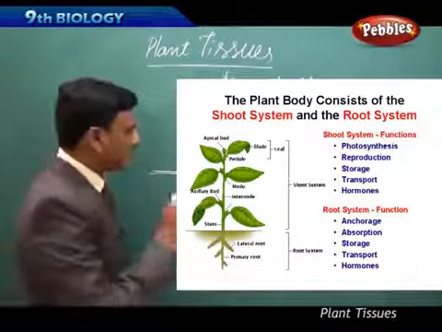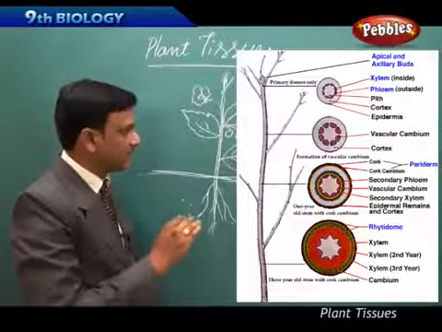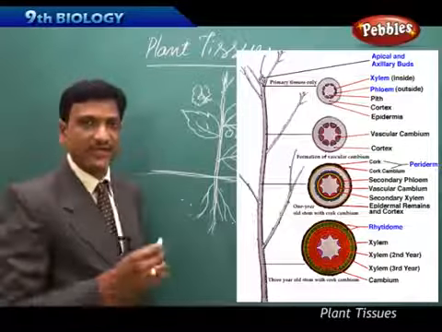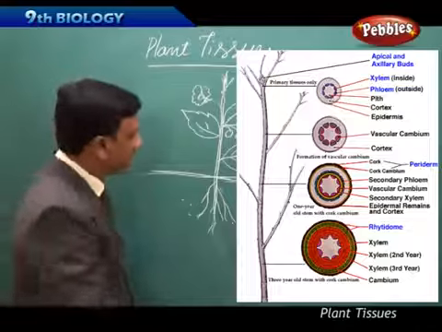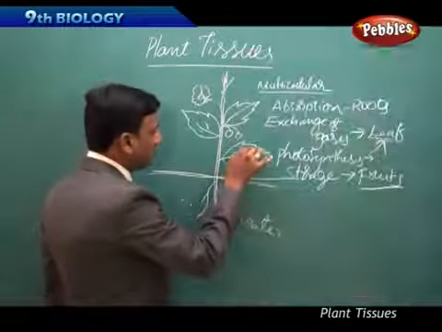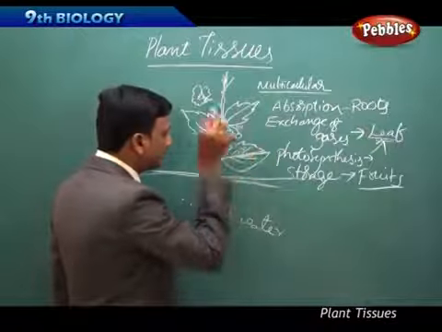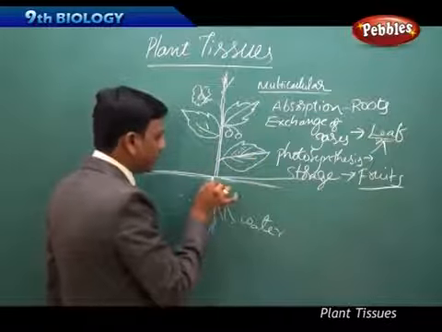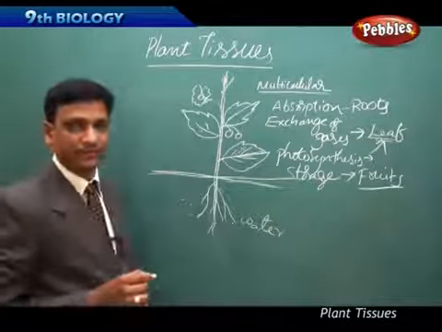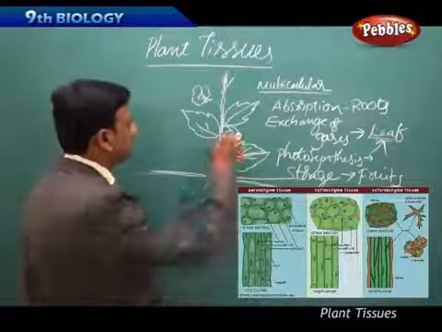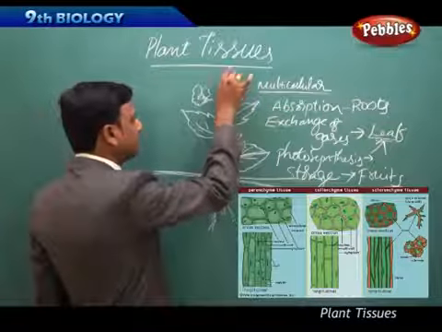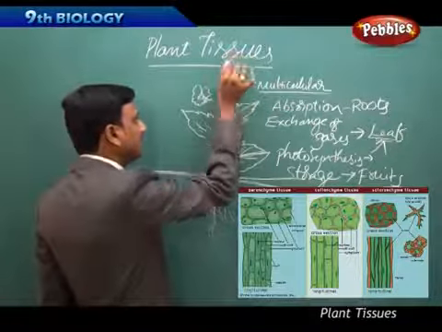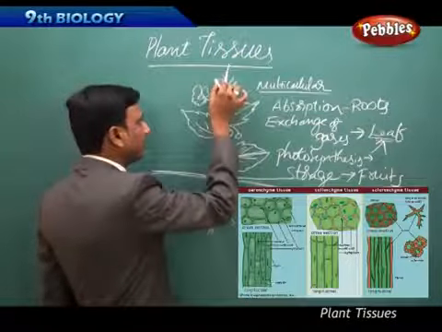So each part of a plant is made up of a special or different type of cells. That means the tissue we find in leaf is different from the tissue we find in root. In the same way, there are some kinds of tissues which help in the growth of a plant, increasing the length and the width of the plant.